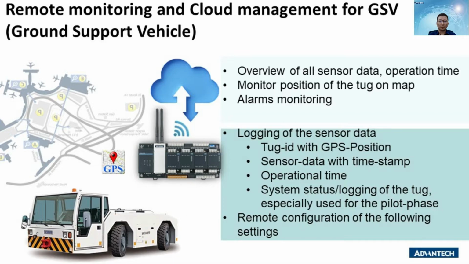This slide shows one of the application examples for ground support vehicle remote monitoring and cloud management. By logging the sensor data with timestamp, part ID, GPS positioning, operational times and system status, the user can monitor all the sensor data, operation times, the position of the tug on the map, and alarms.